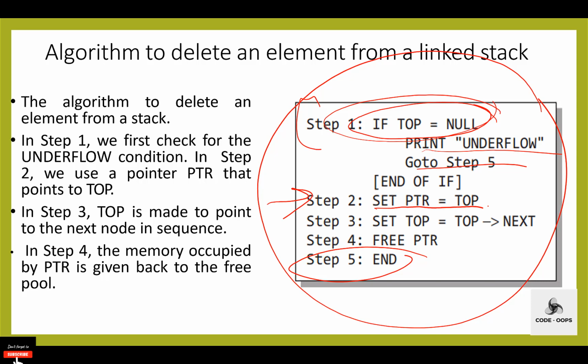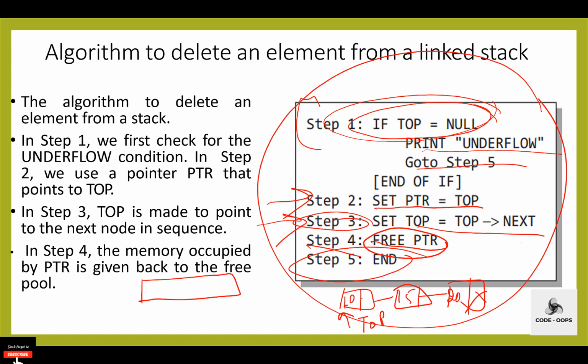Set PTR is equal to top. PTR is a pointer that points to the top. Then step 3, top is made to point to the next node in the sequence. In step 4, free PTR. The memory occupied by PTR is given back to the free pool.